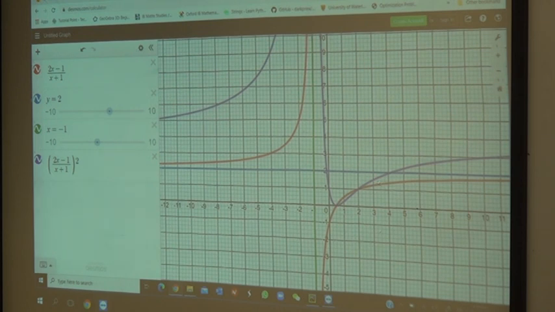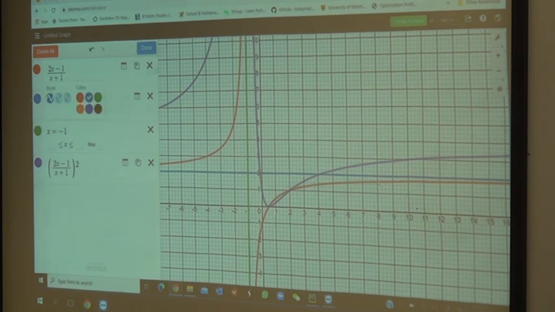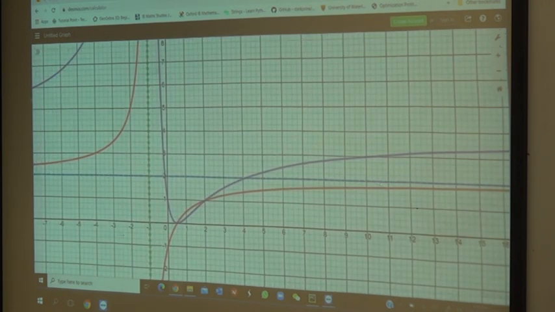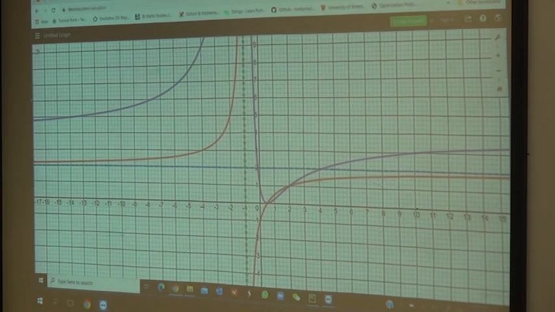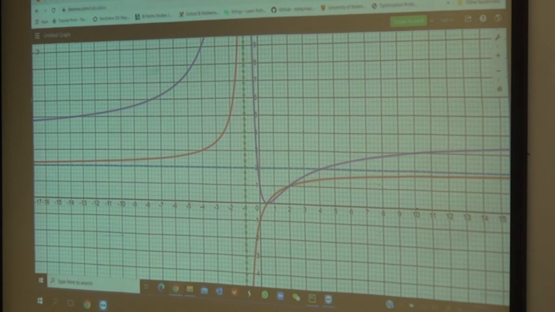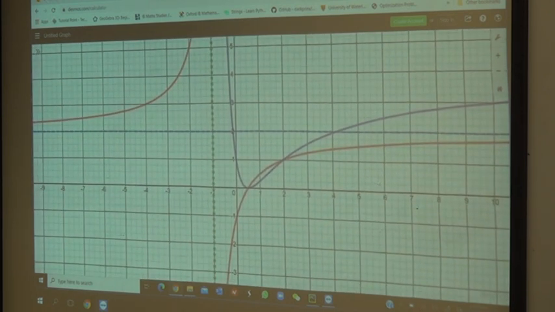So the original function is the red one. Even without the equation you can see, because it's on the negative side, the square will not be on the negative side. Again, do they meet at y equals 1? Yes. So they always meet at y equals 1.